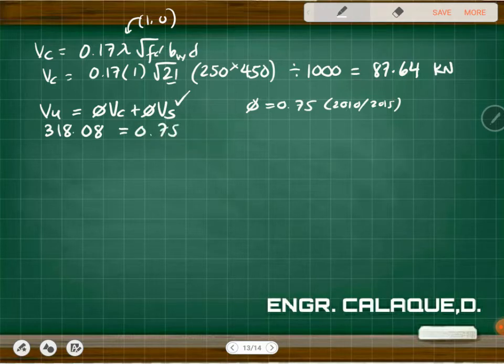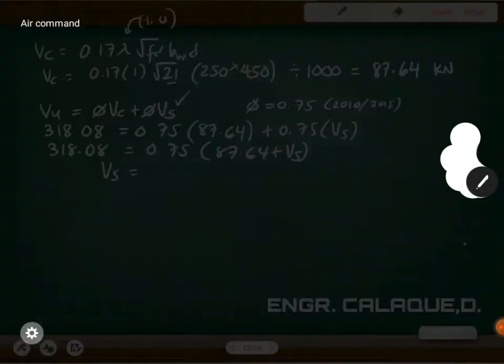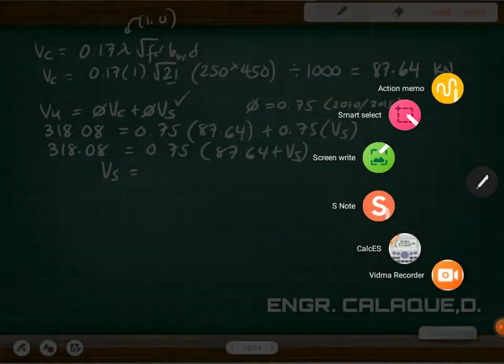So 0.75, yung VC natin is 87.64 plus yung 0.75 nung VS. Okay? Or pwede nating sabihin na it's just equal to 87.64 plus the VS. So solve natin yung VS.